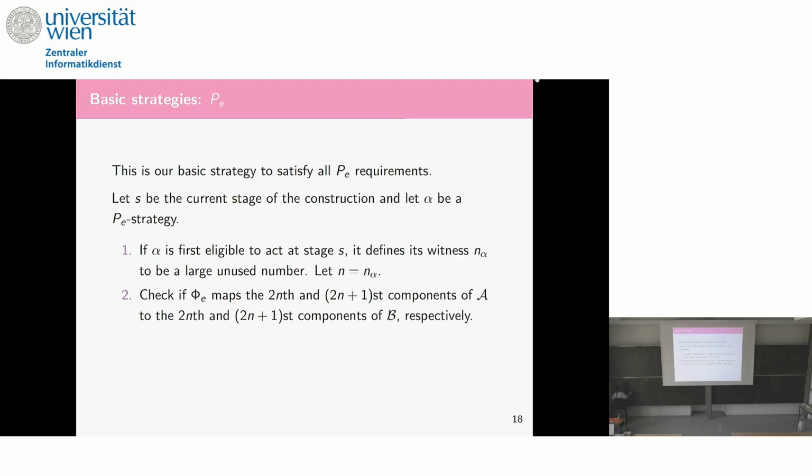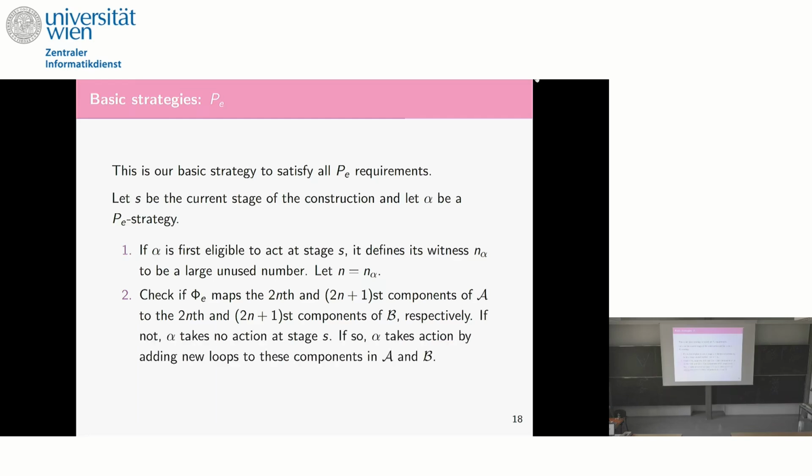So it's going to check if phi E maps these correctly. Okay. Now, if phi E never maps these two correctly, you're done. You win for free. But if you do see that phi E actually might get this isomorphism correctly, you want to make sure that it can't ever be correct.